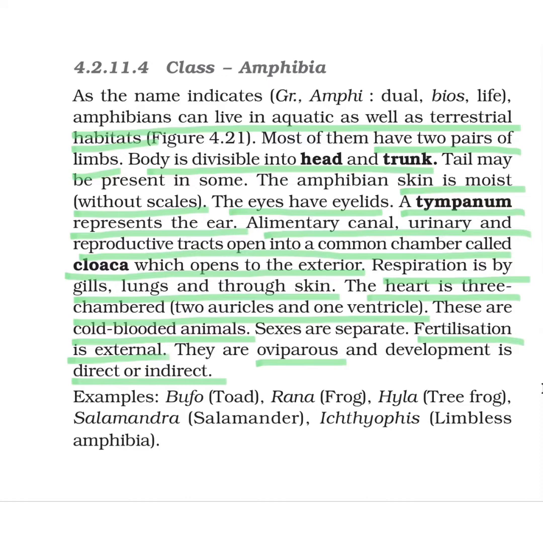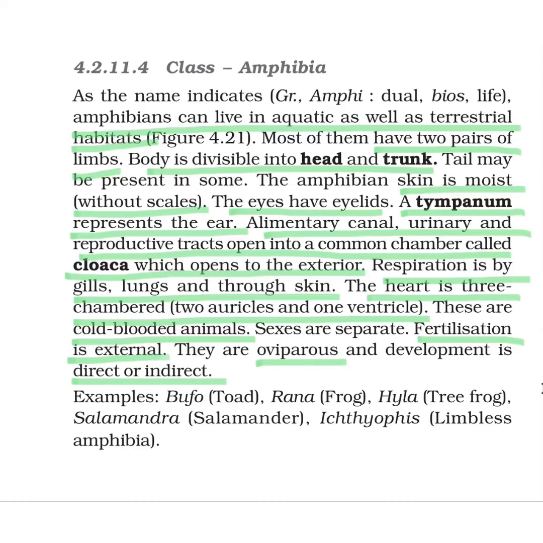Respiration occurs by gills, because in water medium it requires gills, then lungs, and also through skin. Students, these important features you have to remember and specify.